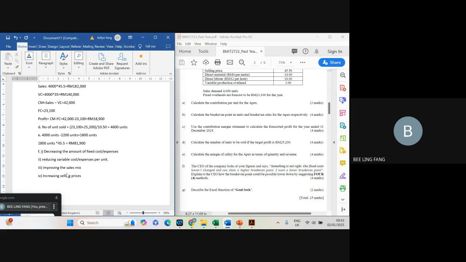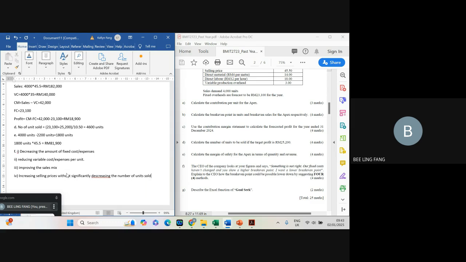So increase the selling price without significantly decreasing the number of units sold, right? Because otherwise you have to sell more.